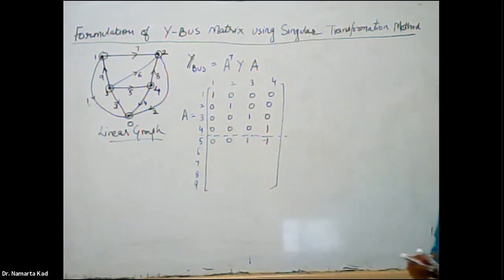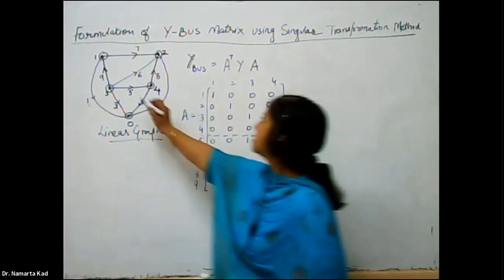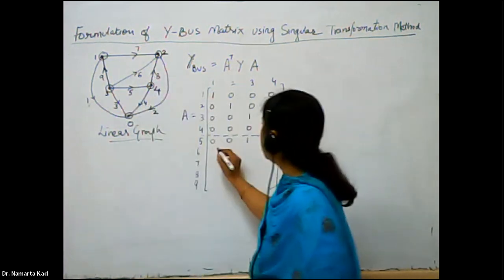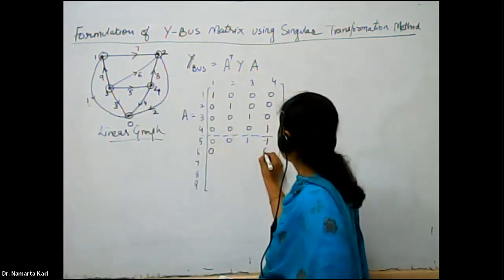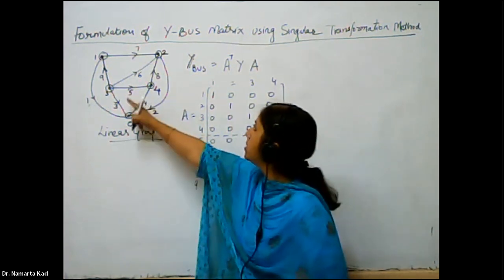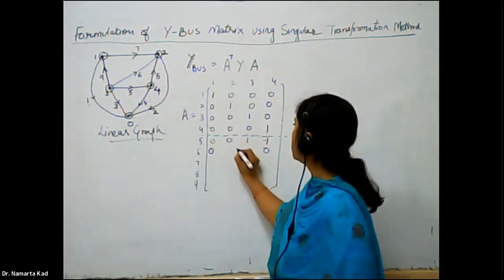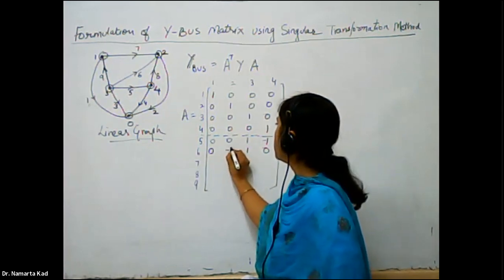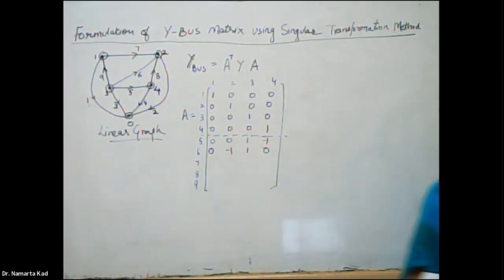Similarly, element 6 is connected between nodes 2 and 3, so the first two are 0, and it moves from V3 to V2, V3 minus V2, so this one is 1 and here it is minus 1.